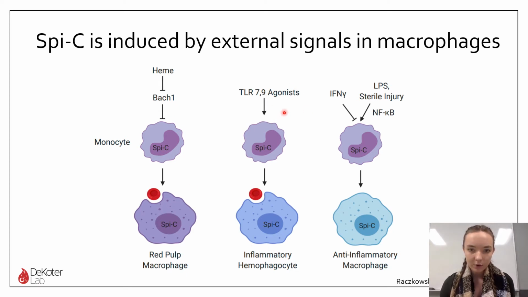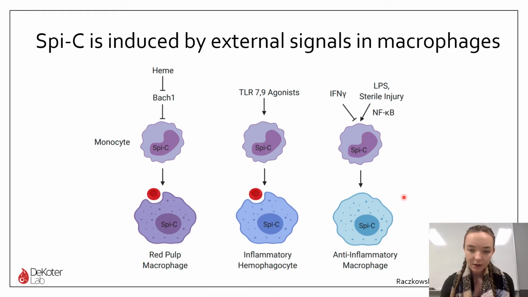In the middle here, it was shown that Spi-C is highly activated in response to TLR7 and TLR9 agonists. This leads to the formation of cells called inflammatory hemophagocytes. These cells are very similar to red pulp macrophages in that they have a high phagocytic capacity, but they were shown to have a distinct phenotype. These cells are present in inflammatory environments, and they have extremely high Spi-C expression.